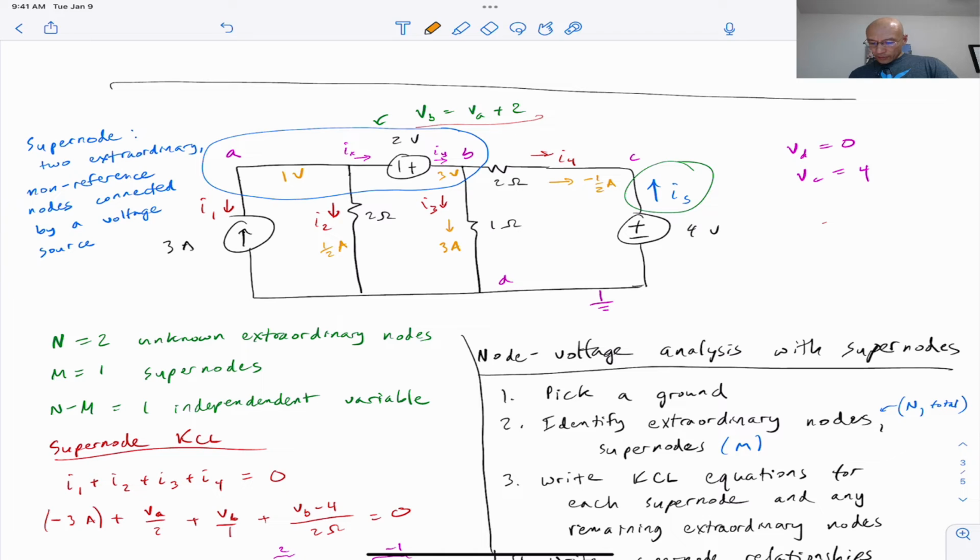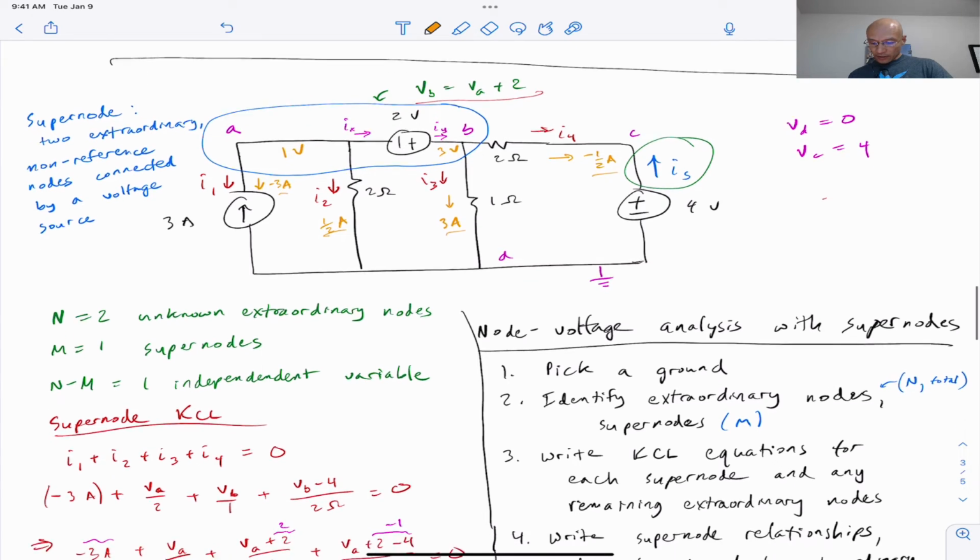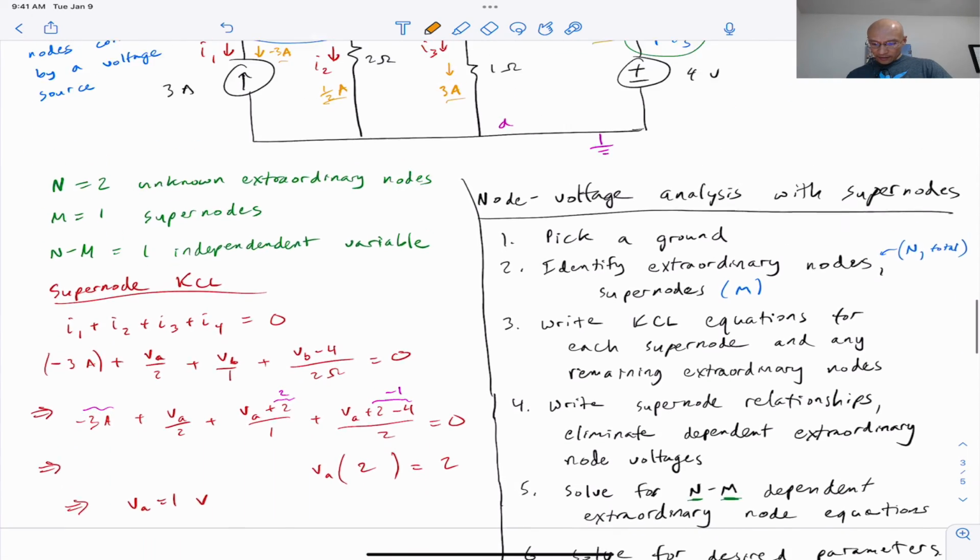And then if you add that up, well, considering that this is negative 3 amps, you can see, okay, negative 3 amps and 3 amps cancels to 0, and 1/2 and negative 1/2 cancels to 0. So we have a total outflux of current of 0 amps from the supernode, and that's a valid KCL equation for our supernode. So that is excellent.